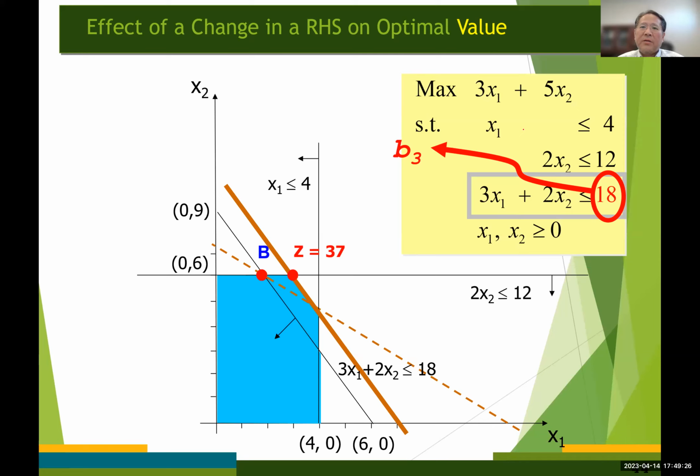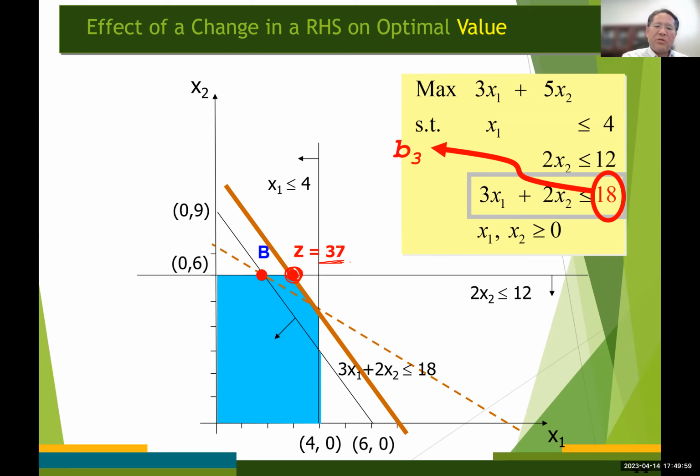Graphically, the change in B3 shifts the plant number 3 constraint parallel to its current position, right? So the new optimal solution occurs right here, with the corresponding objective function value of 37, with the improvement of 1, right?